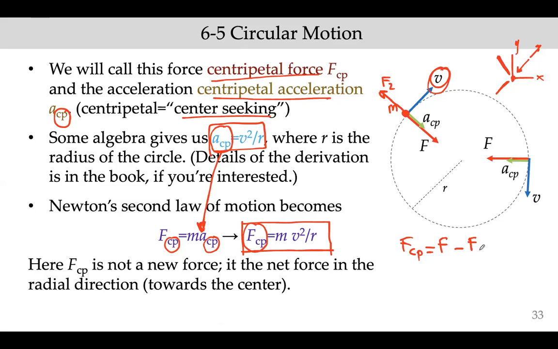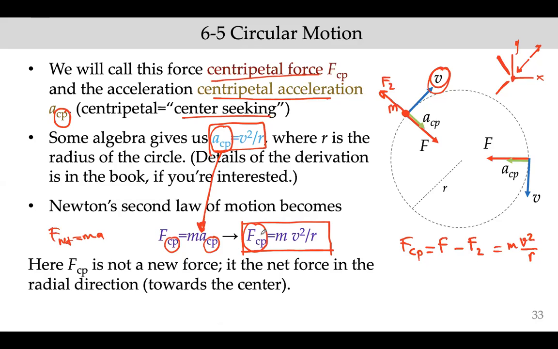F2 is away from the center, so it comes with a negative sign. You would equate it to m v squared divided by r. The point I'm making is that F_CP is not a force that you would show on the free body diagram. Remember, when we write F net equals ma, on the free body diagram we show all the forces, not F net. F net is the net force, the resultant, the total force. It's not something that we show on the free body diagram.